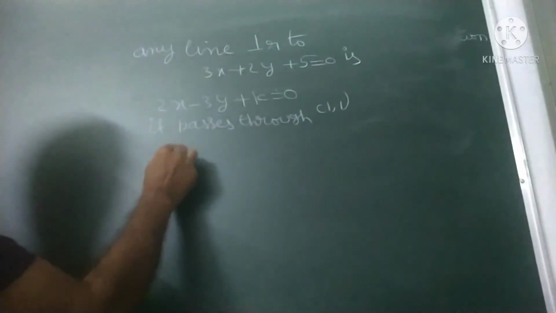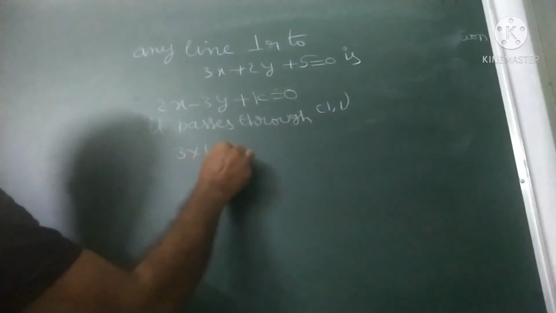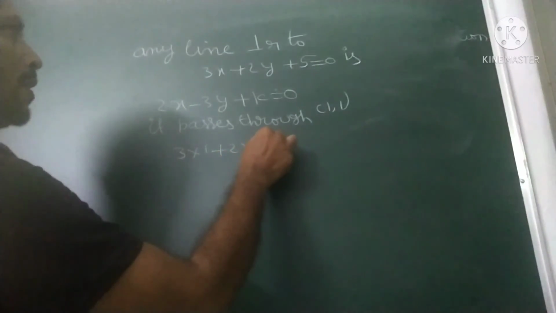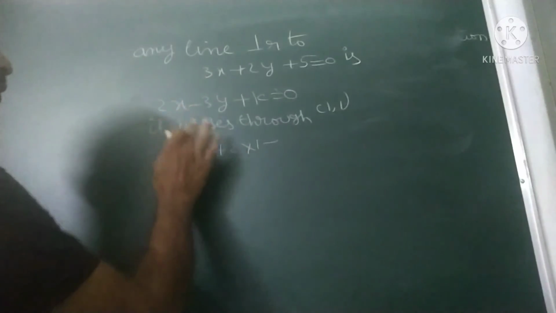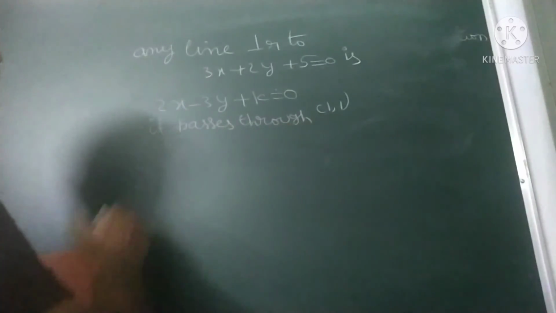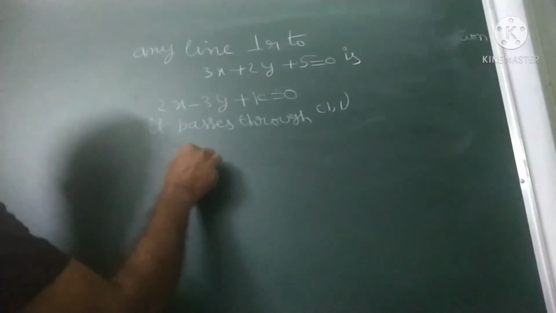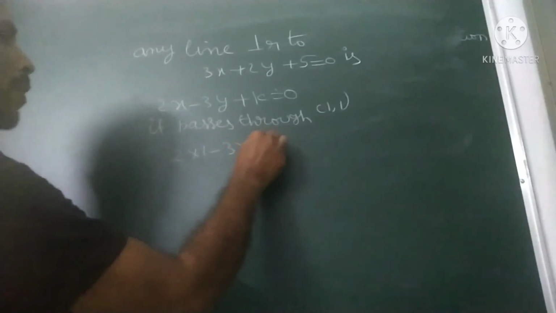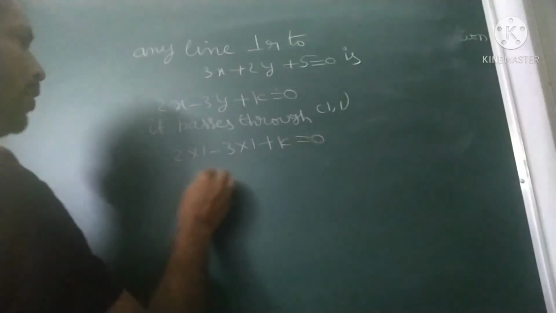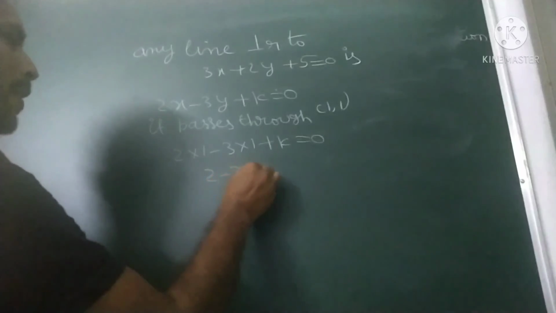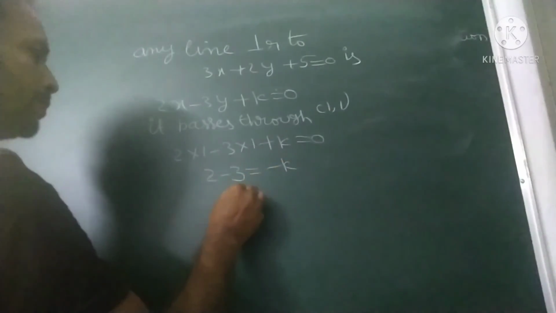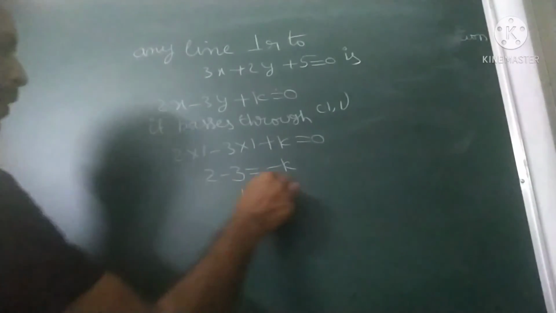Substitute here: 2 into 1 minus 3 into 1 plus k is equal to 0. So 2 minus 3 is equal to minus k, 1 is equal to k.